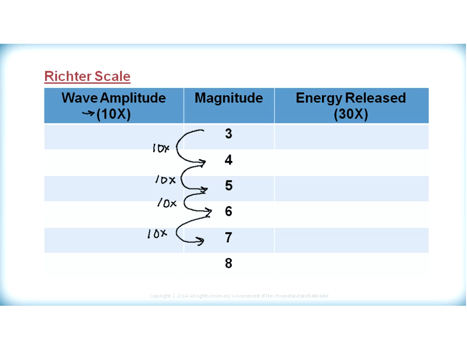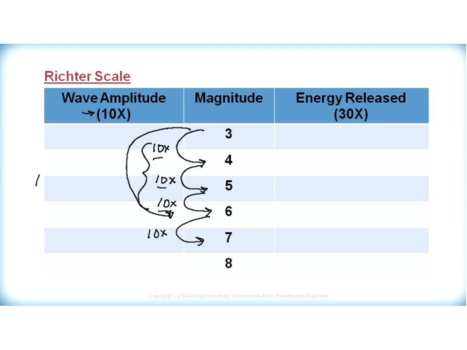So if we look at an earthquake measuring 3 on the Richter scale compared to one measuring 6, we would notice that the wave amplitude will increase 10 times, then another 10 times, and a third 10 times.